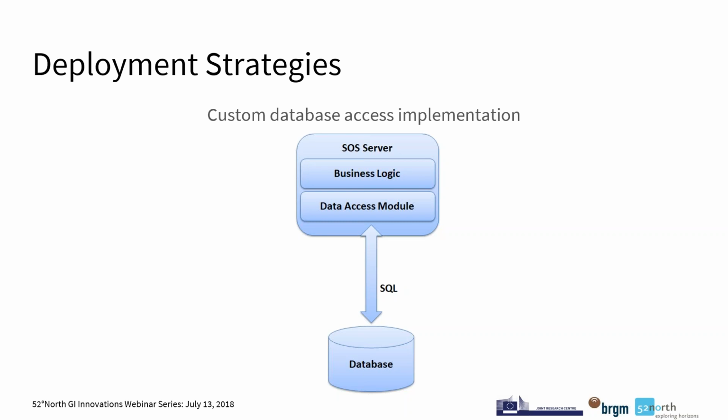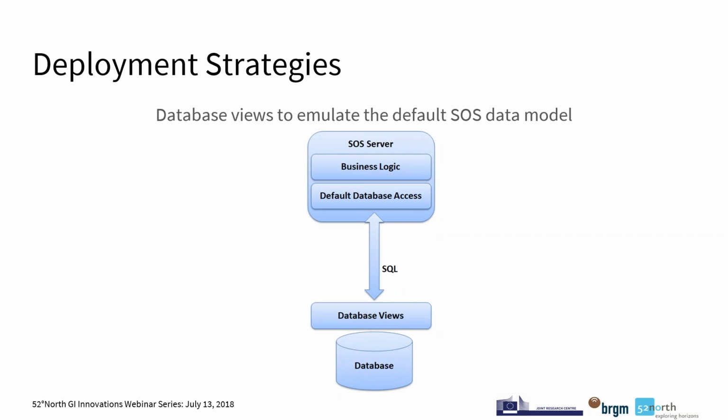So if you want to put that into your own infrastructure, if you want to share your data with an SOS server, you can apply different patterns. And here, just for an introductory purpose, some typical strategies. So you may couple the SOS server to your existing database by doing some programming and developing a customized data access module, which is then totally specific for you, maybe optimized to your individual needs.